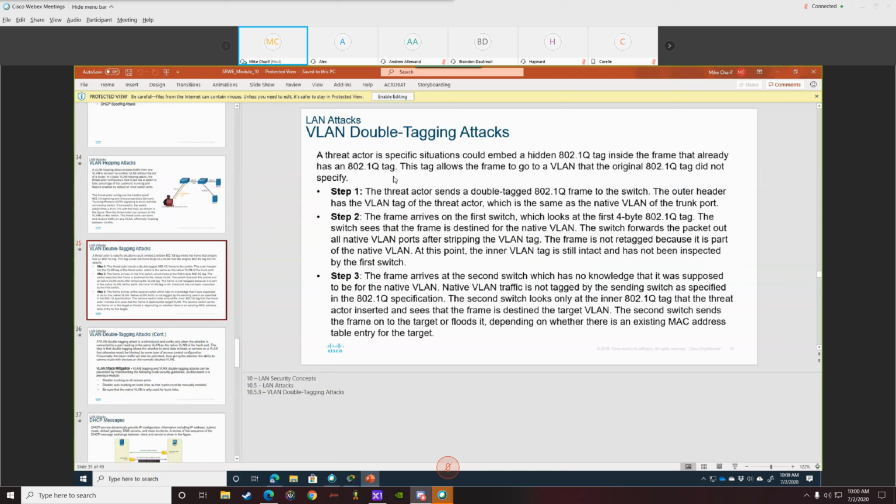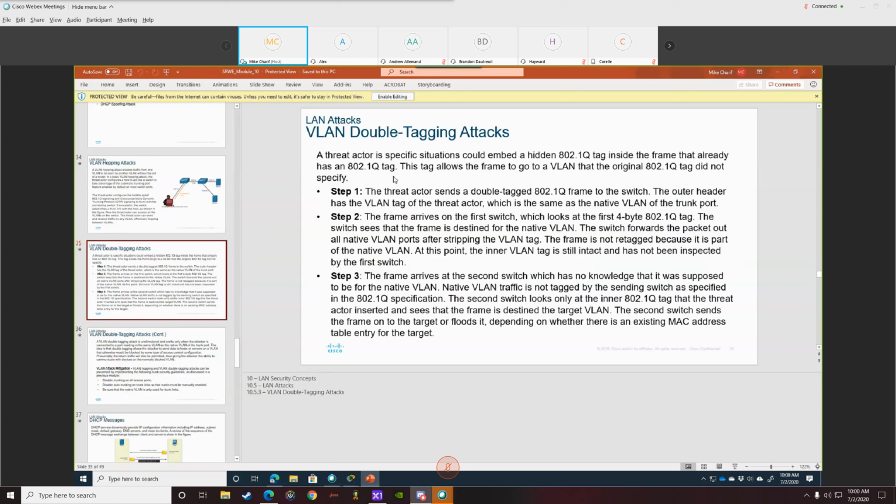Why is it not specified? Because when we communicate between VLANs, each frame has a tag. For example, the frame belongs to VLAN 10, VLAN 20, or VLAN 30. We add something to the frame, like a frame ID, they call it tagging, to know which VLAN the frame belongs to.